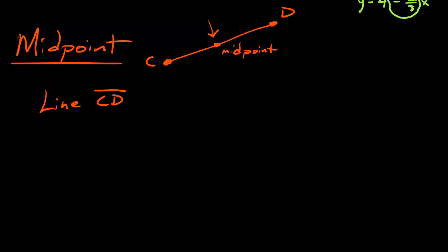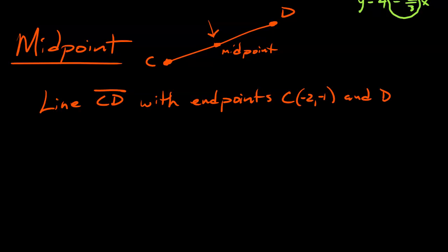We have line CD with endpoints C at -2, -1, and D at 4, 2. Find the coordinates of the midpoint.